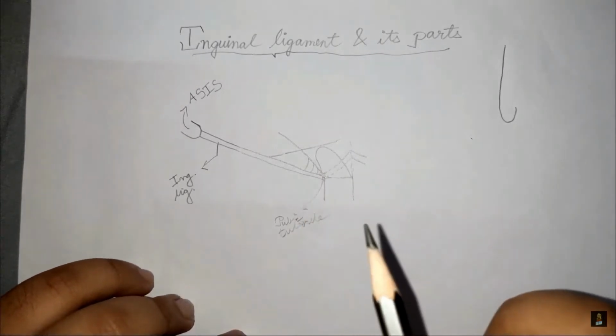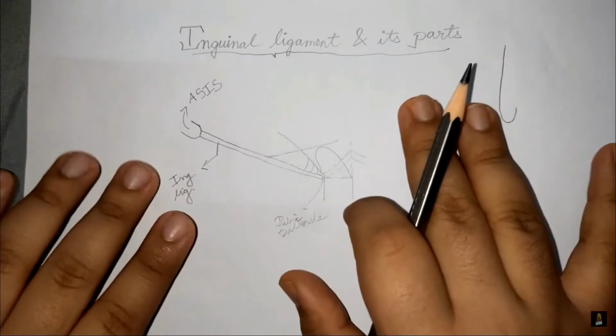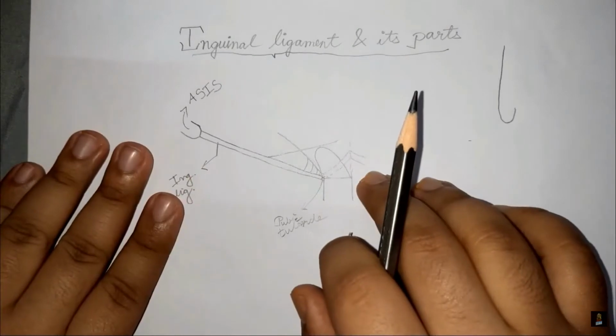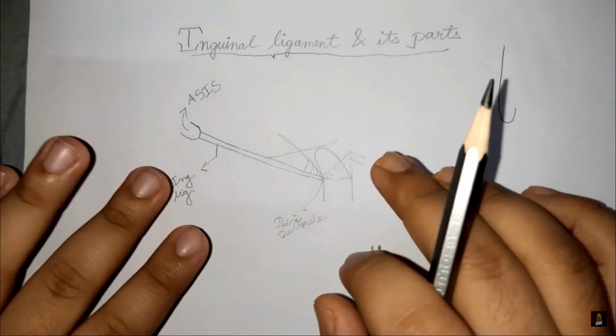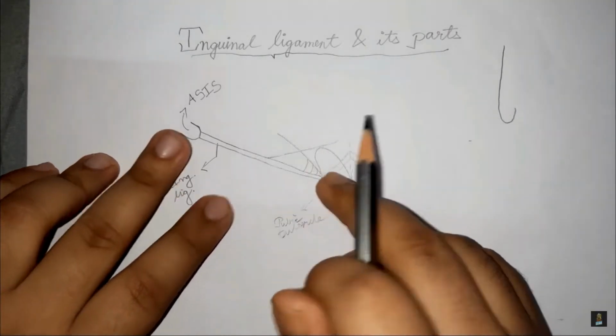The extensions of the inguinal ligament are the reason that this diagram exists. I started with this diagram because it is incredibly simplified, but incredibly important and fundamental for understanding the inguinal ligament.